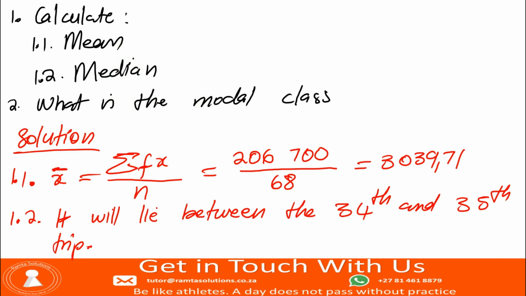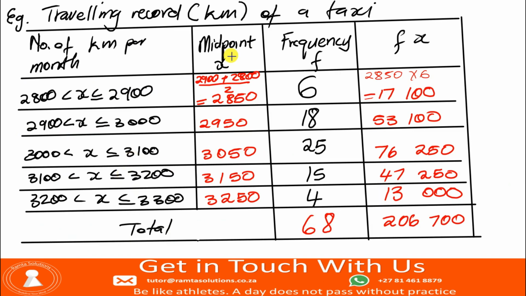So we will take the midpoint of the interval that houses the 34th and 35th term. 6 plus 18 is 24, which is way below the midpoint. Now 24 plus 25 is 49, so it must be here. Therefore, our midpoint will be 3,050.